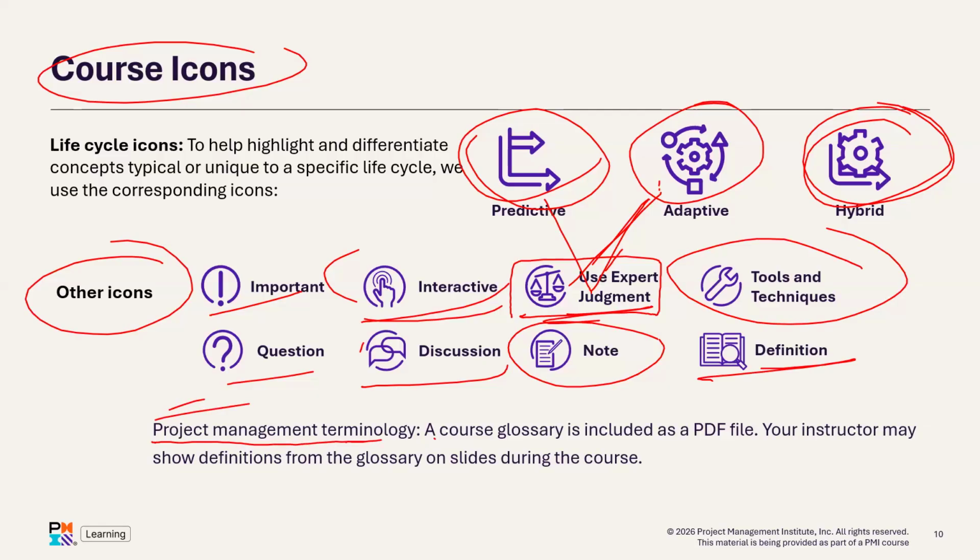Now, there is what we call the course glossary. The course glossary is a PDF file you have in your learners platform. In addition to the resources that you have, the course glossary is part of it. It contains terminologies, words, phrases that help to enrich your project management vocabulary.